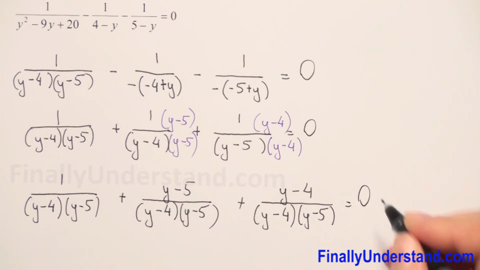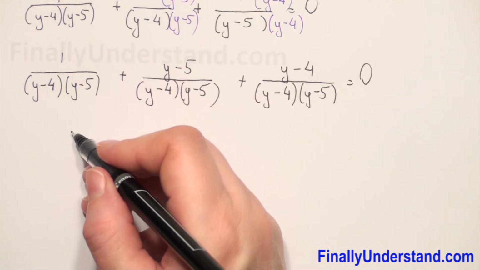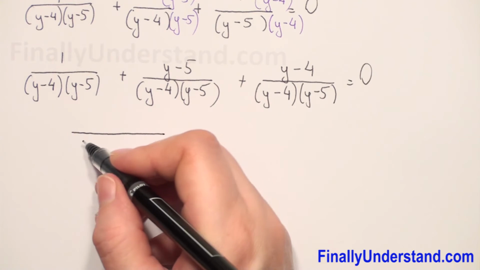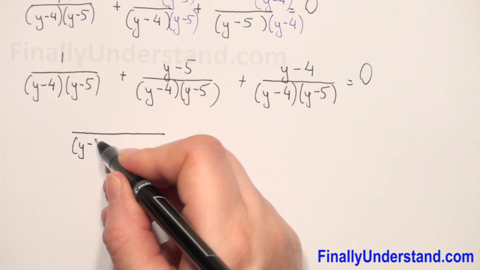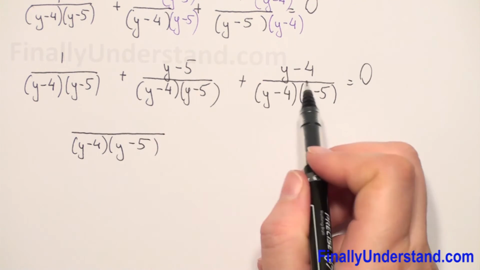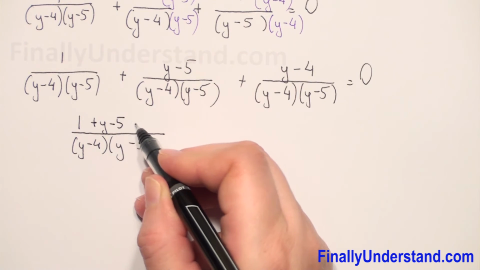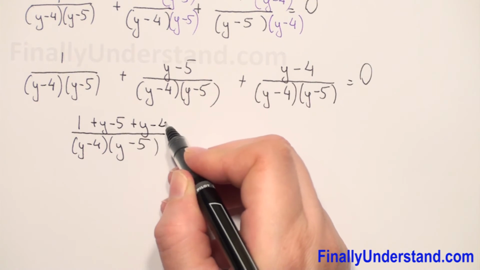This is equal to 0. So next step, when we have the same denominators, we can copy the denominator and we will add numerators. So we have 1 plus y minus 5 plus y minus 4.